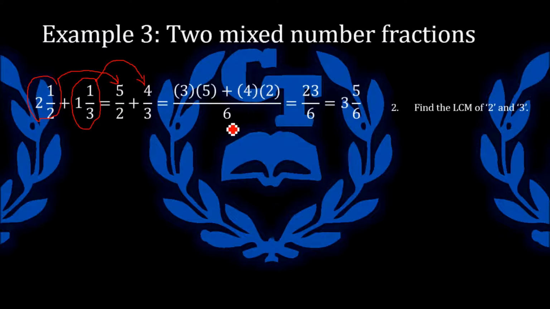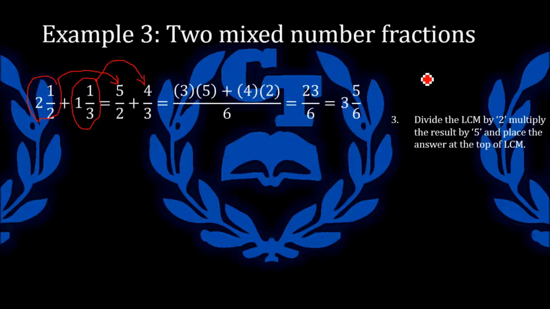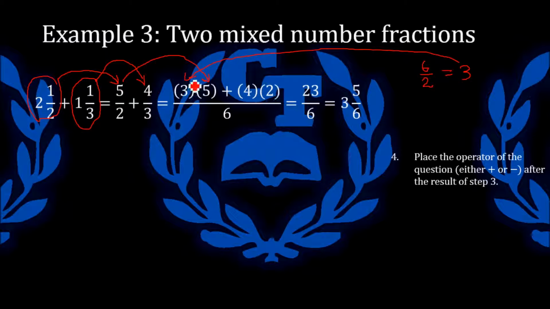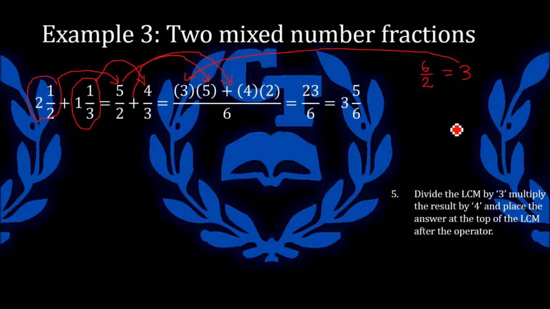Next, what I do is I take that LCM of 6, divide it by 2, and then I take that result, which is 3, and I multiply it by the numerator of the value 5. Next, I place the operator from the question in between here. Then I divide the LCM by 3. So my LCM 6 divided by 3 will leave me with 2.